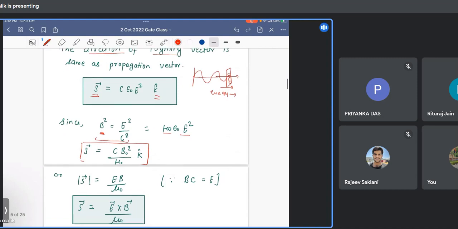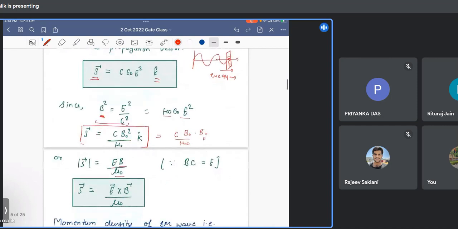We can modify this term further: B naught square can be written as E naught into B naught by mu naught. So we can write E naught as E naught by C here. One C is cancelled, so we are left with E into B by mu naught. So the Poynting vector can also be written as E cross B by mu naught. This is the simplest way to derive the expression for the Poynting vector.